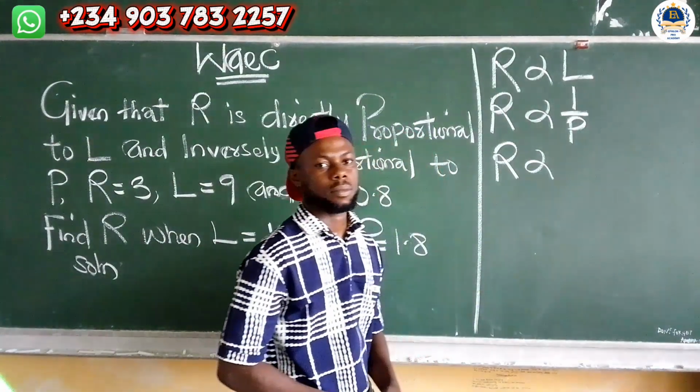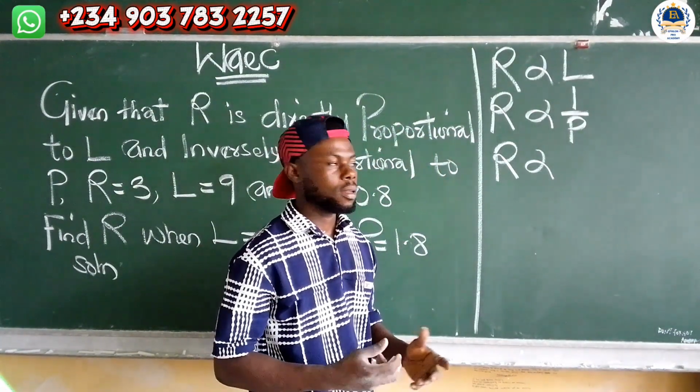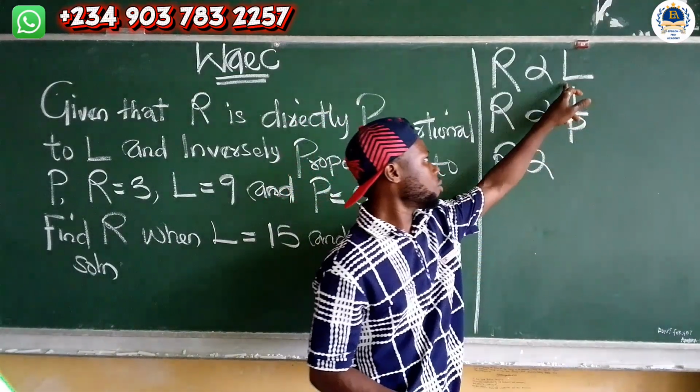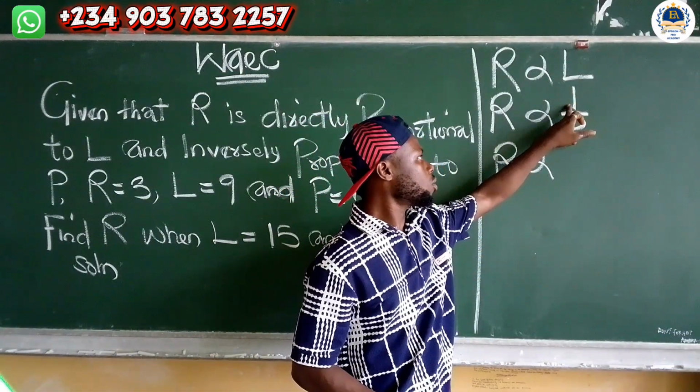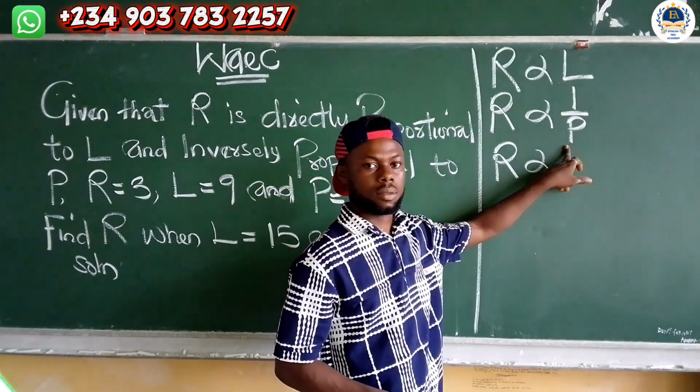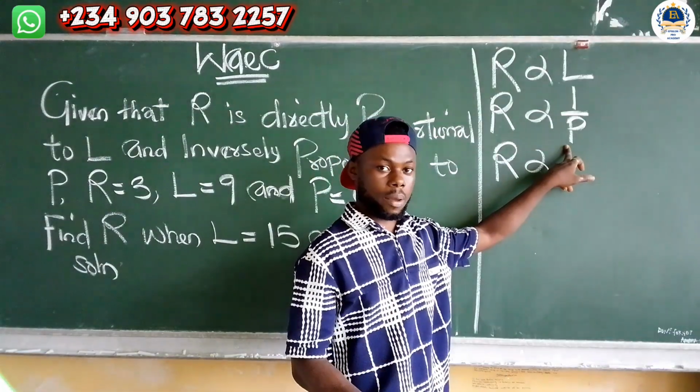Now, we are left with L and 1 over P. What should we do with them?